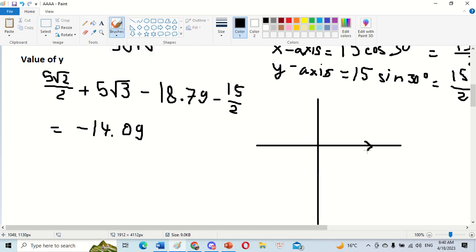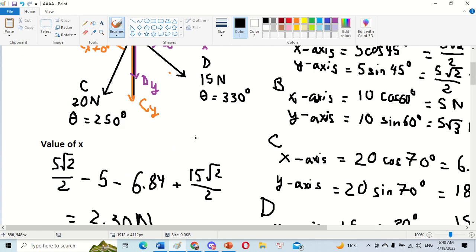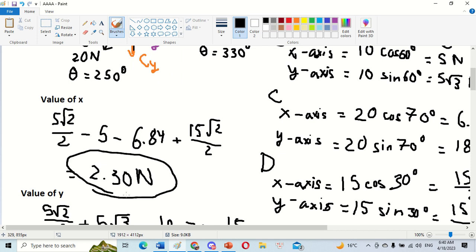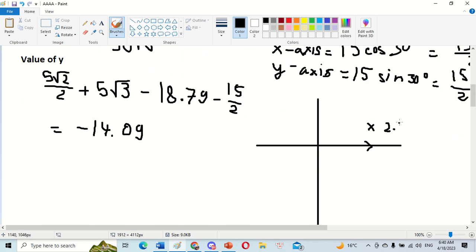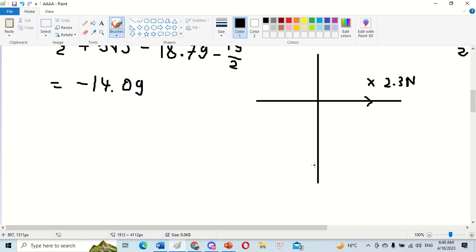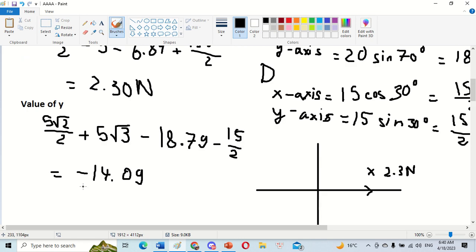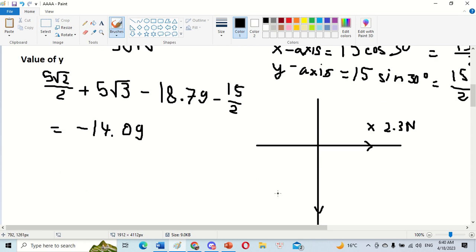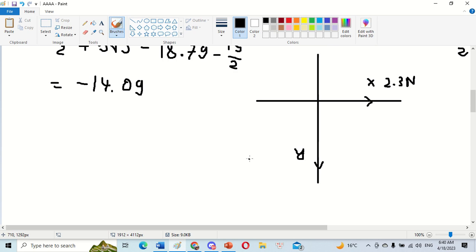So we have vector x, and we just calculate in here. And vector y, because the negative is bigger, so they go down in here. And that is about 14.09 Newton. So we want to find the magnitude, that is about this one. Okay, so I will put like this.